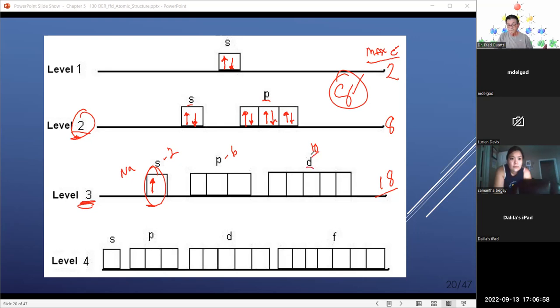I'll let you do the math for level number 4, but double check my math: 32. You can put in 14 for the F, 10 for the D, 6 for the P, and 2 for the S.